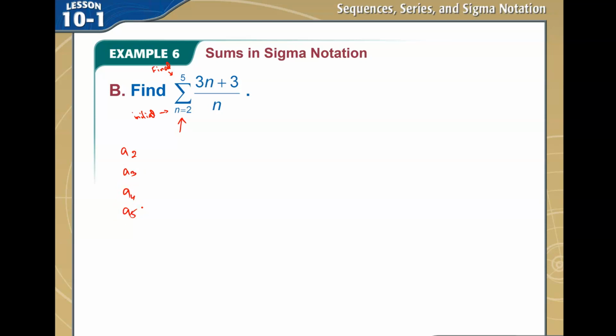I'm saying just in general, the terms would be written as a1, a2, a3, a4, but in this case n is equal to 2, so you will directly substitute the value of n as 2, 3, 4, 5.